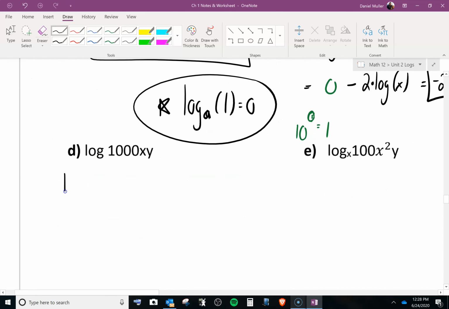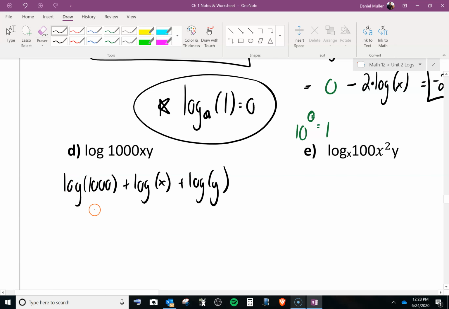These are all on top. They're all on the numerator. So they must have all been adding. So I have a log of 1,000 plus a log of an x plus a log of a y. The reason this one's here is because the log of 1,000 is actually a number, and it's one that people often forget. So remember, there's a 10 there. So 10 to the what gets me 1,000?